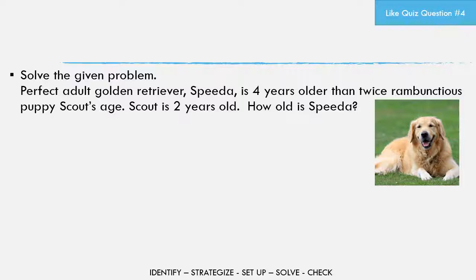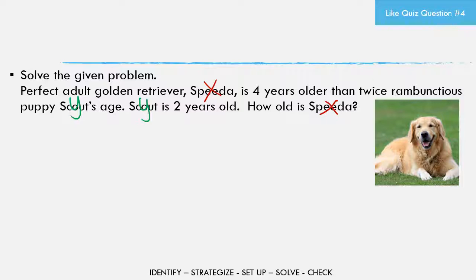Let's say that Speeda is x, and Scout is y. I just made those up. Those are very typical variables that you use for math, x and y. Those are the most common ones we use when we need to replace something with a variable.